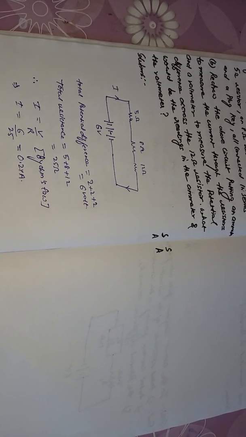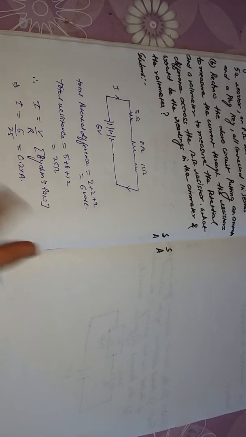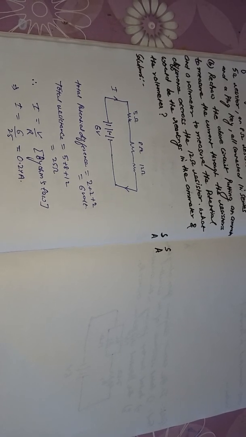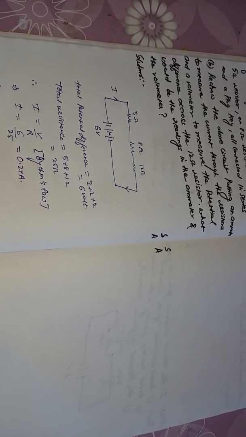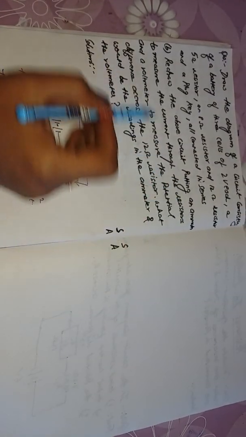Since the current in the circuit is 0.24 ampere, therefore the total current is 0.24 ampere.